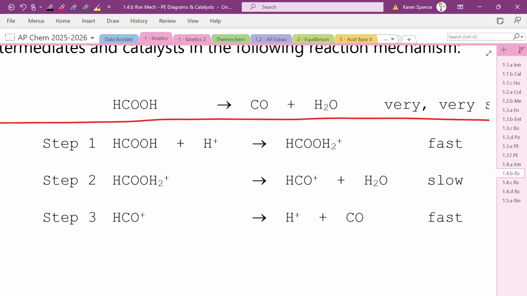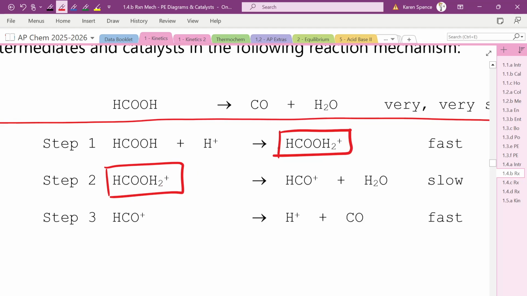Okay, who's got a reaction intermediate for me? Yes, here is a reaction intermediate. Are there any other reaction intermediates? Do you know?